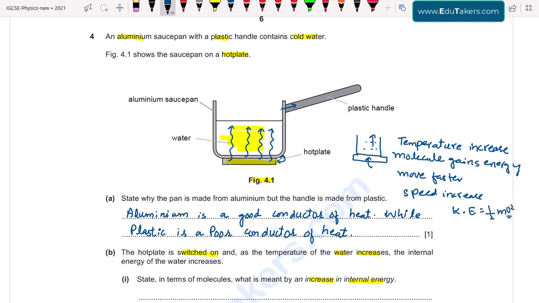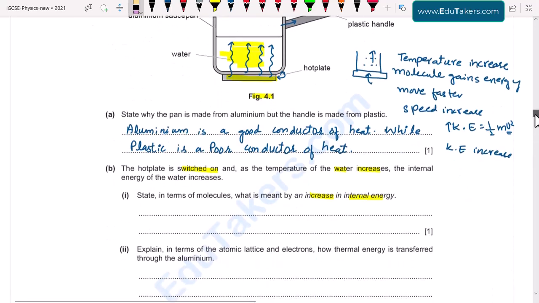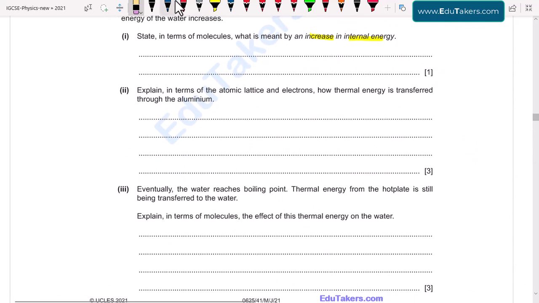By the increase in speed, the kinetic energy also increases. So we can simply say that increase in internal energy means that the kinetic energy of the molecules increases. So I write here kinetic energy of the molecules increase.